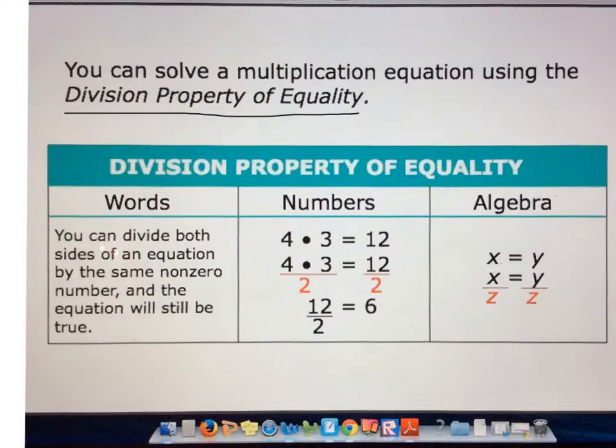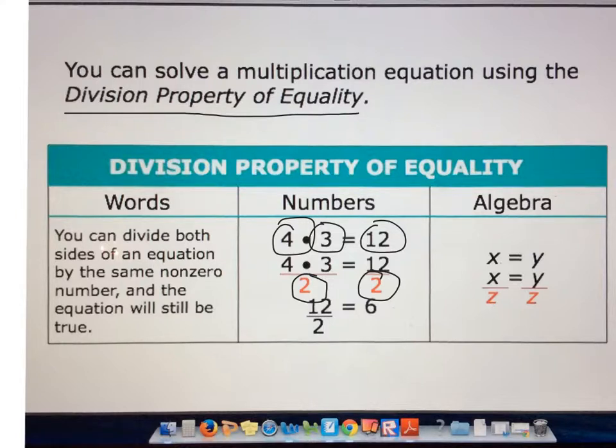So for example, in 4 times 3 equals 12, if we take 4 times 3 and divide it by 2, and take 12 and divide it by 2, we can maintain equality by dividing both sides of the equation by the same thing.